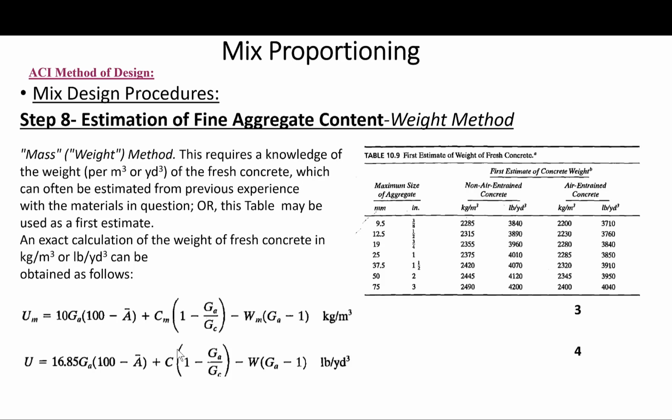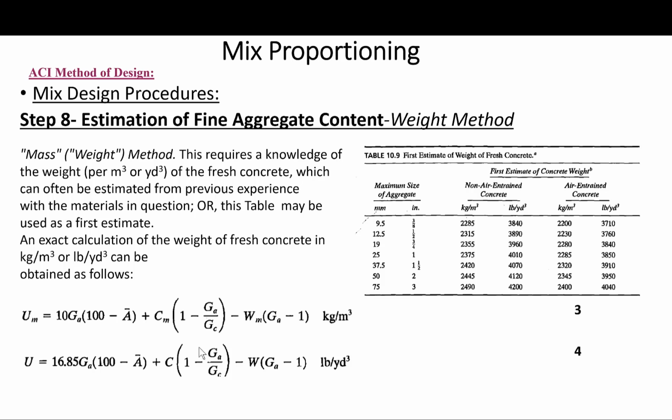Okay, the mass method or the weight method is less common; as I said, the volume method is the preferred method. This one requires knowledge of the weight per cubic meter or cubic yard of the fresh concrete, which can often be estimated from previous experience with the materials in question.